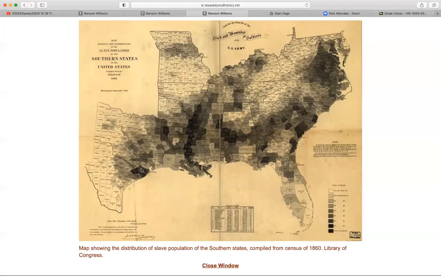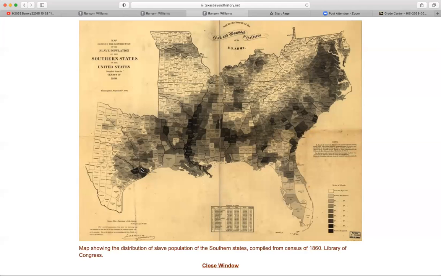But there was also another significant crop in Texas and Louisiana, sugar. Did you ever wonder where Sugarland got its name? Well, they used to grow sugar in that area. So Texas slaves were also involved in growing sugar, but by far the majority of the slaves were growing cotton, which was really the big money crop.